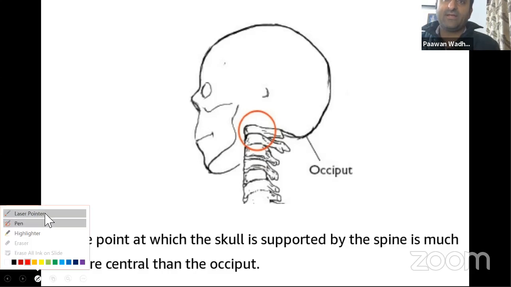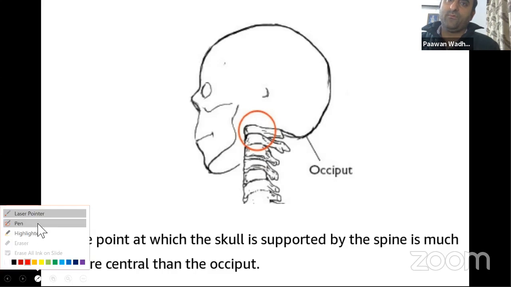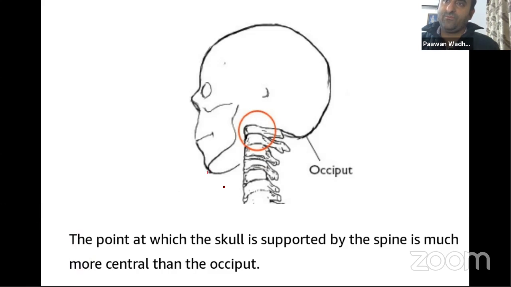The spine is connected here. The vertebral column is connected to the skull here at the center, not at the back. So you have to be very careful. If you want to lengthen this spine, this thing has to move down, right?